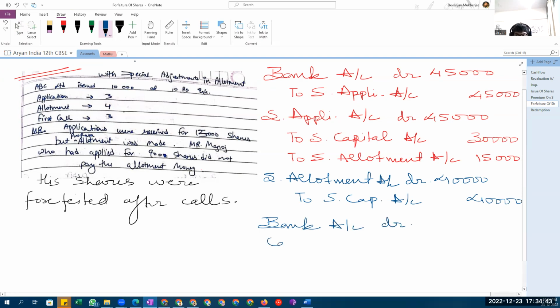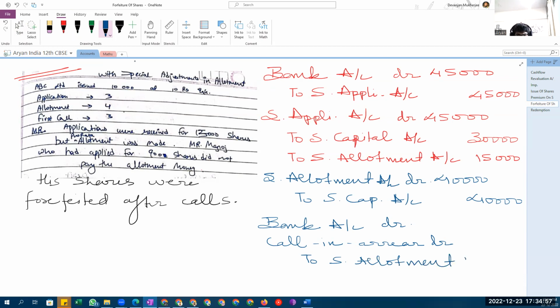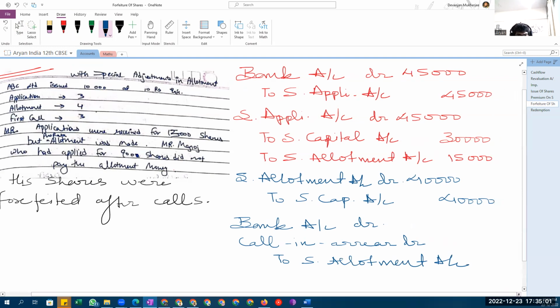And there will be calls in arrears. To share allotment account.